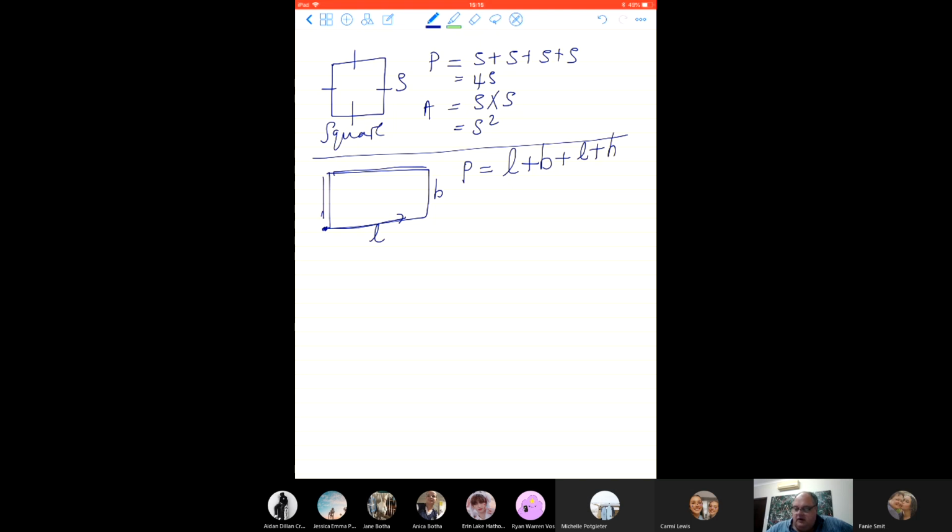So it's all the way around. So perimeter is equal to L plus L is 2L plus 2B. That's my perimeter. If I look at area, my area is just going to be length times breadth. And that is my rectangle.